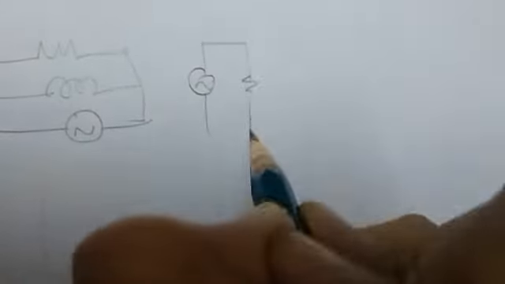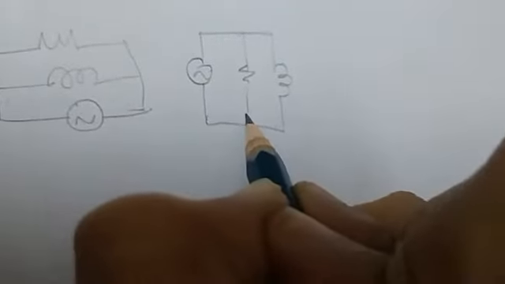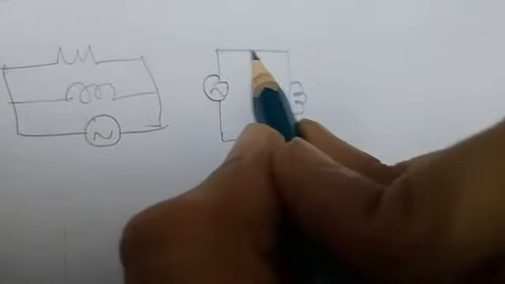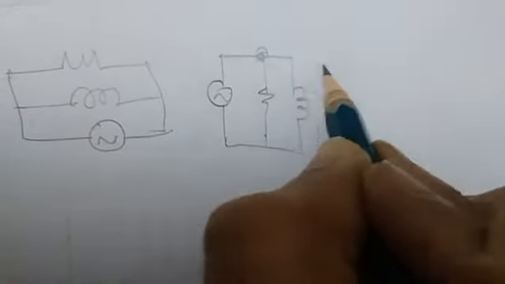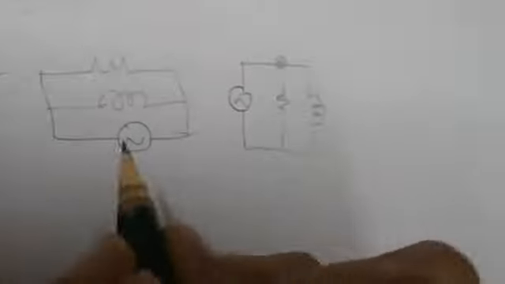Whether you consider it horizontally or vertically, it never makes much difference. If you represent it like this, the node points and current flow directions are easy to represent. We can consider it in both ways.